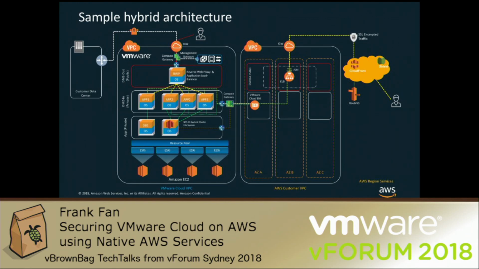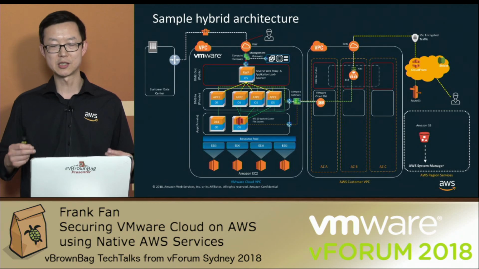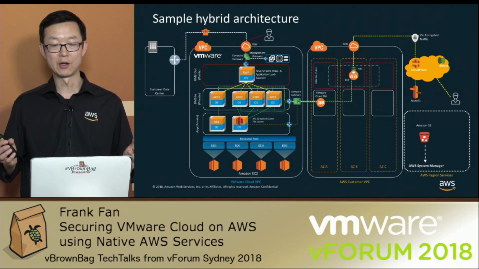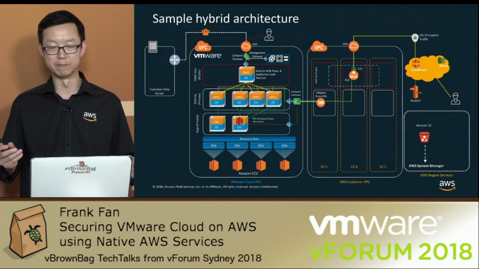What about your compliance? How do you know if someone makes a change? Do you have a mechanism to keep track of your compliance? Here we will introduce AWS Systems Manager, which is a centralized place where you can manage your VMs and also control your compliance situation.